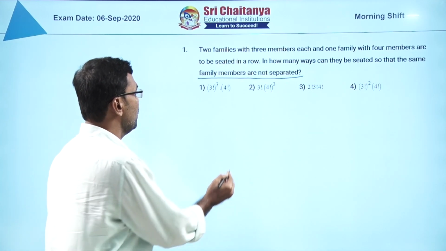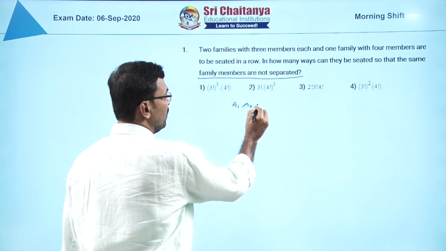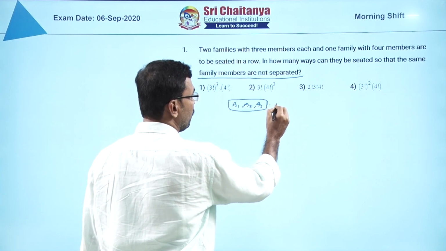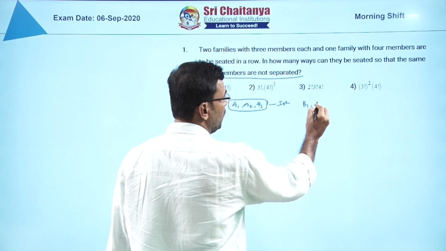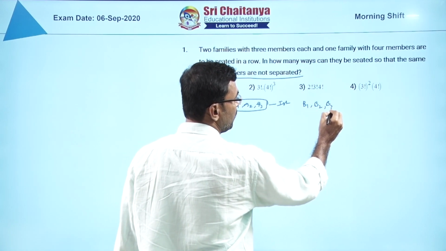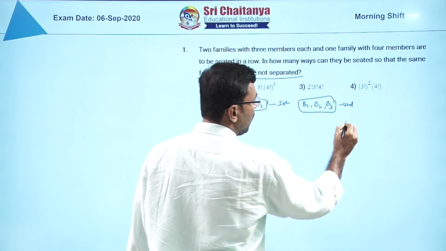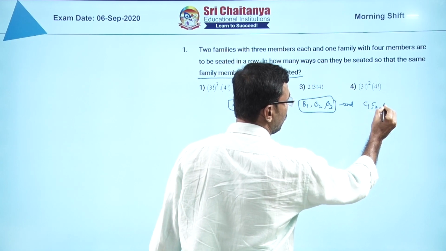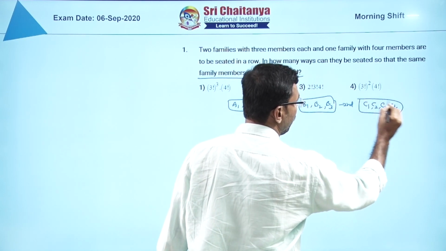So, first I am supposing A1, A2, A3 be the first family, B1, B2, B3 be the second family, and C1, C2, C3, C4 be the third family.